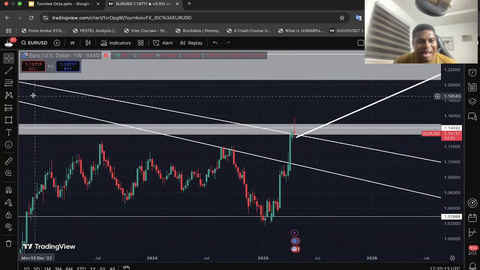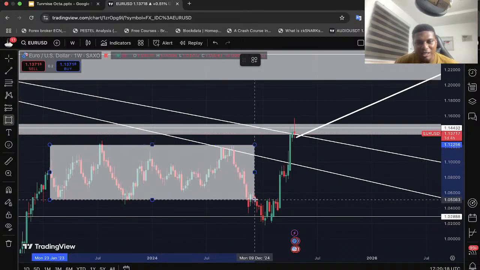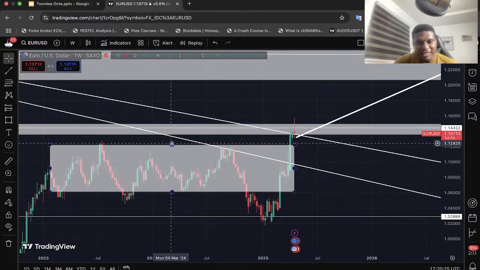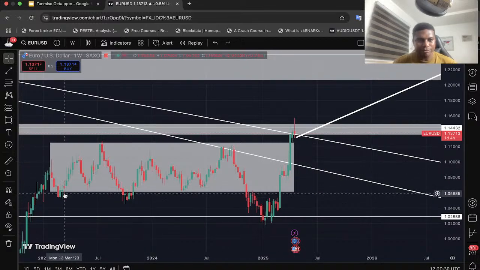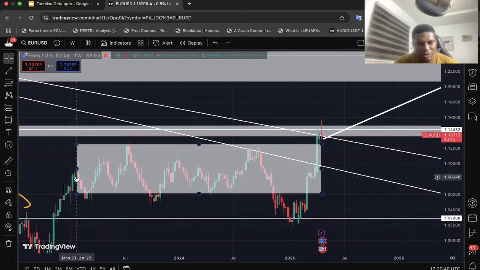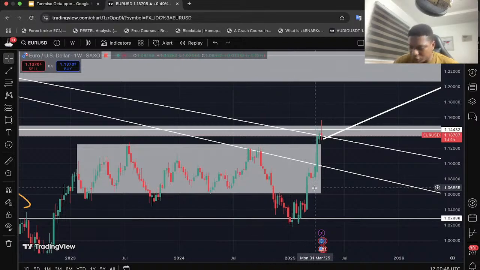We can see that price has been consolidating at this level. You can see that it has been a hard time from 2023 up until 2025, 31st of March.